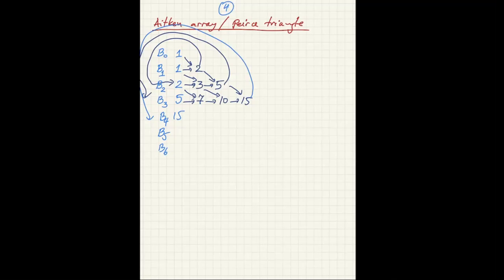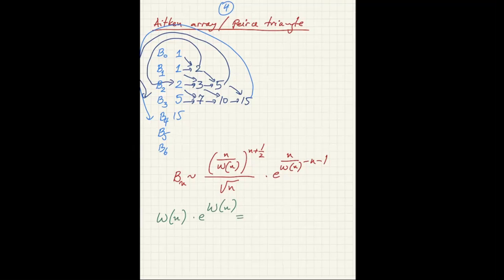To determine the asymptotics is actually a pretty complicated matter, but that has been done, and I think Bn is asymptotically, if I copy this formula right, n to Wn to the power n plus 1/2 divided by square root of n times e to the n over Wn minus n minus 1, where Wn satisfies the property that Wn times e to the power Wn is n.